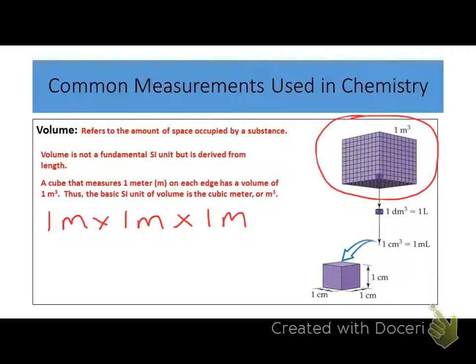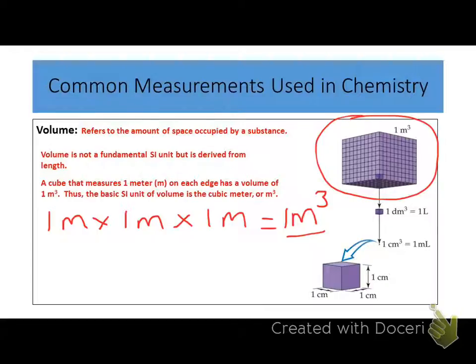So a meter times a meter times a meter is a cubic meter, or 1 cubic meter. So the SI unit for volume becomes the cubic meter, and I need you to know that.